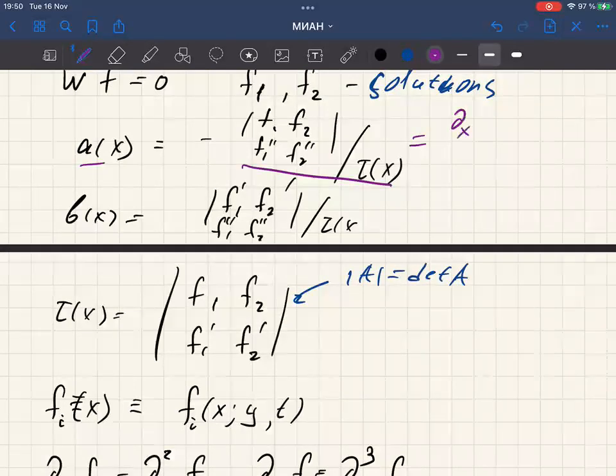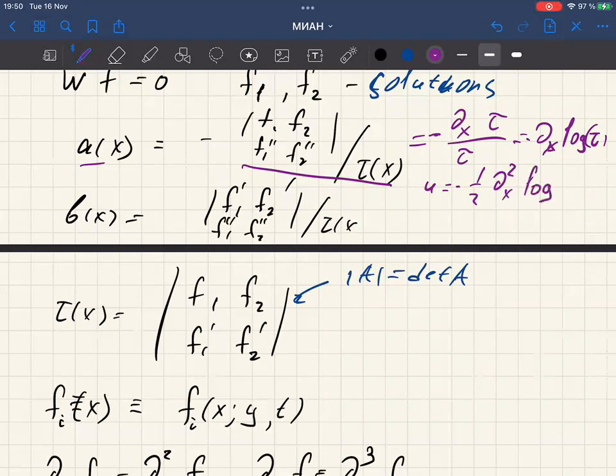It is Tx tau equals to minus x log tau, and U equals to, I know, it's minus 1/2 of 2x logarithm tau.